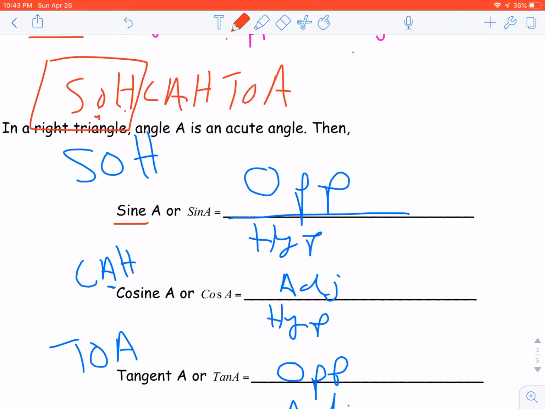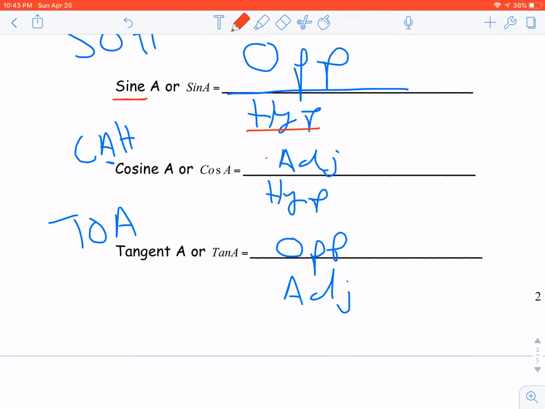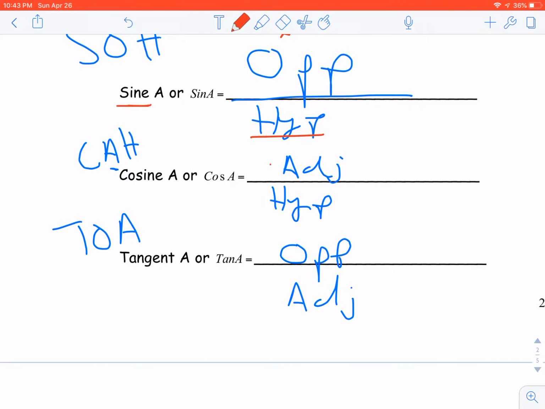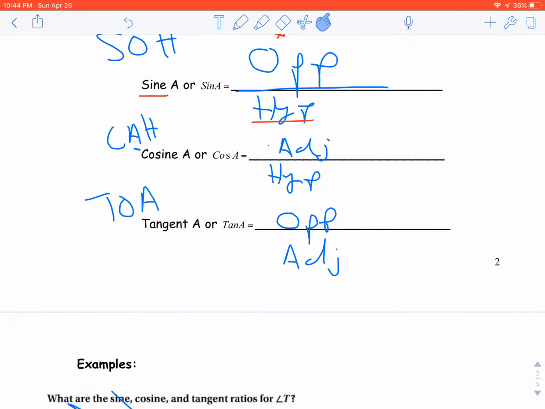Well, the O is listed first, so it goes on top. Below it would be the hypotenuse. If you were to use the cosine function, it is spelled CAH, so the adjacent value goes on top. The hypotenuse would be your denominator. And then tangent is spelled TOA, opposite over adjacent. Now, like I said, this will make a lot more sense once we do some examples.